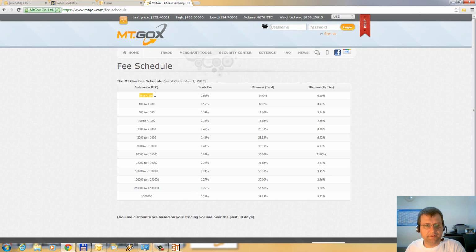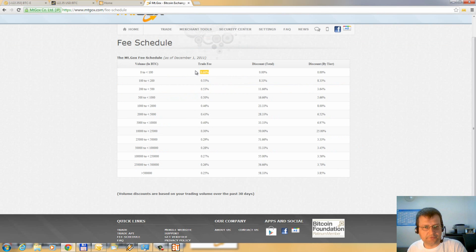So below 100 BTC, you will have a trade fee of 0.6%, and if your trading goes up, the fee will decrease. But you will never hit this 0.2% at Mt. Gox, even if you trade more than 500,000 bitcoins per month.